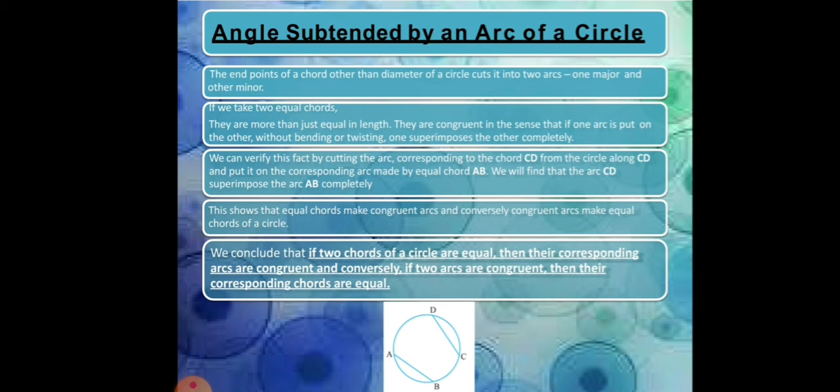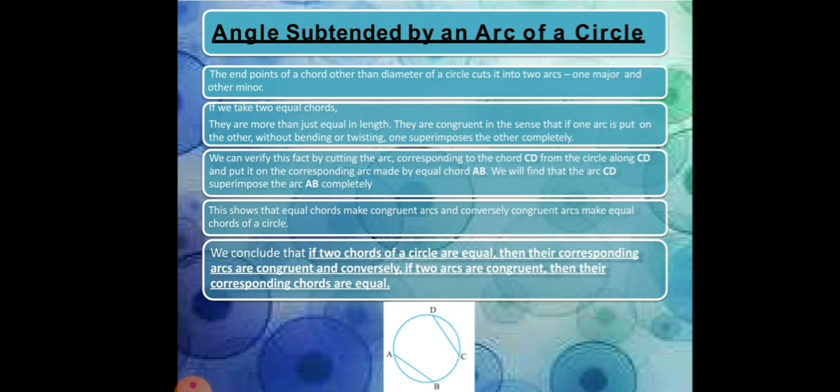We can verify this fact by cutting the arc corresponding to the chord CD from the circle along CD and putting it on the corresponding arc made by the equal chord AB. We will find that the arc CD superimposes the arc AB completely.